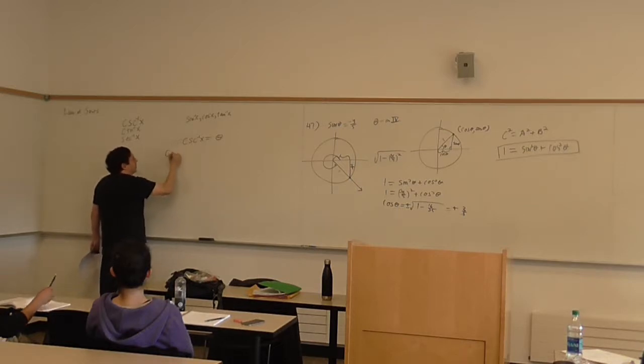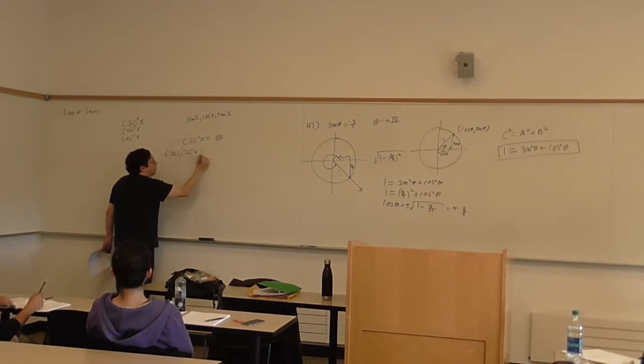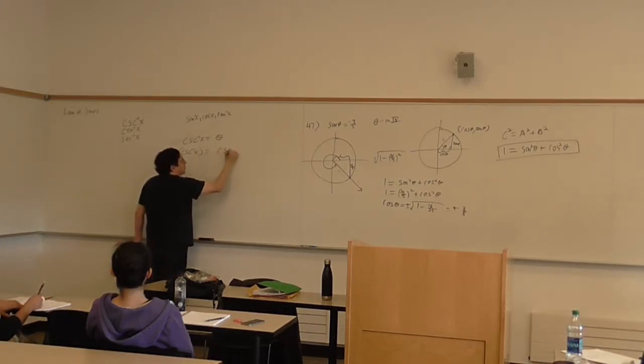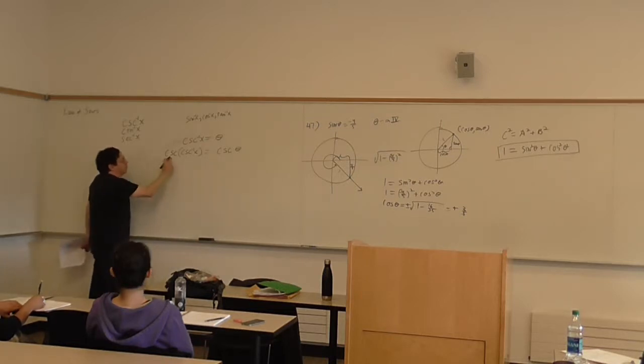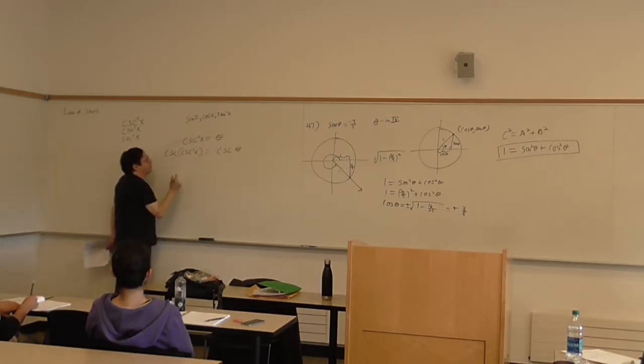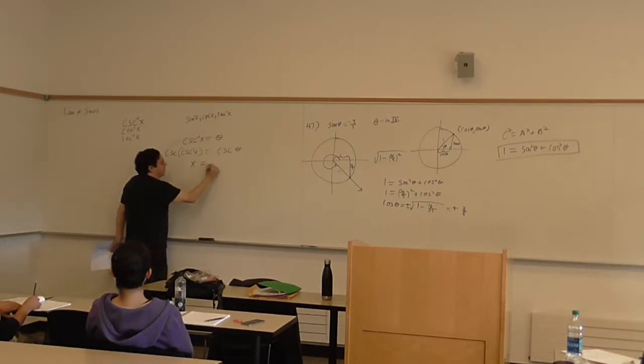We can say cosecant of inverse cosecant of x, that would be the cosecant of theta. And since we're taking a function on its inverse, of course we just are going to get x.